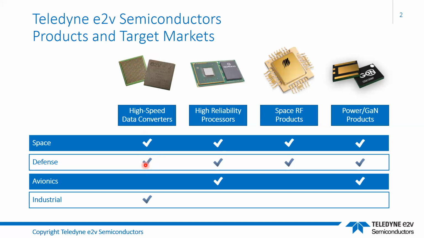We are also very, very strong in defense, and we also have quite a few applications in the industrial area, particularly telecoms and in many cases radar as well. So that's a very, very appropriate conference for us to be at. We're generally at this conference most years, and it provides very good discussion points when we're able to be on the stand.